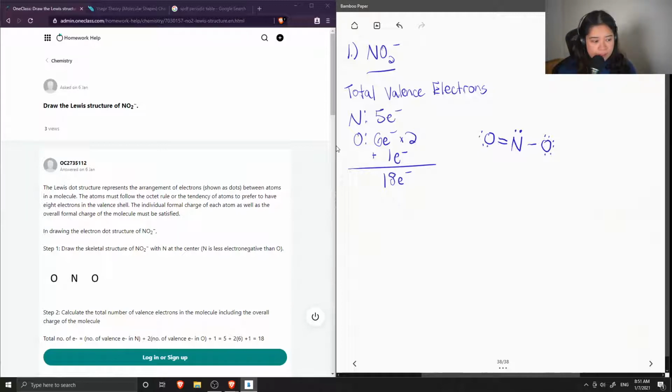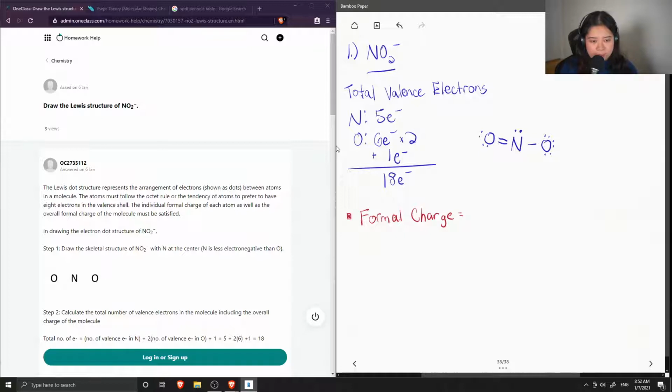Now that I drew out this structure, I want to find out all of the formal charges for each of these atoms. Let's do this down here. Formal charge will help us see what charge each atom would have.